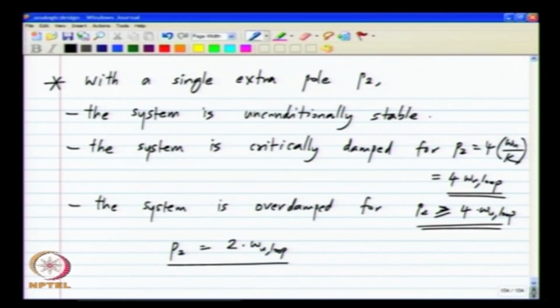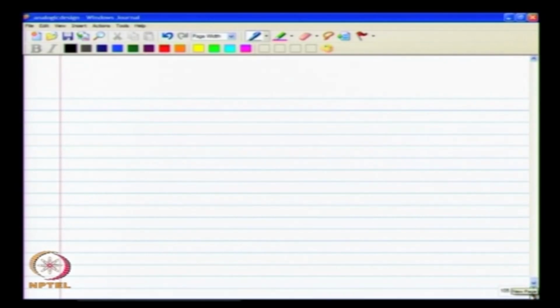Now, this shows that with an extra pole the system behaves as though there is an extra delay, and the conclusions that we drew from the original analysis with the delay holds good even now. Just to reinforce this notion and to connect to the analysis we are going to do later, which will make the solution to the whole problem easier, we will do it for 2 parasitic poles.